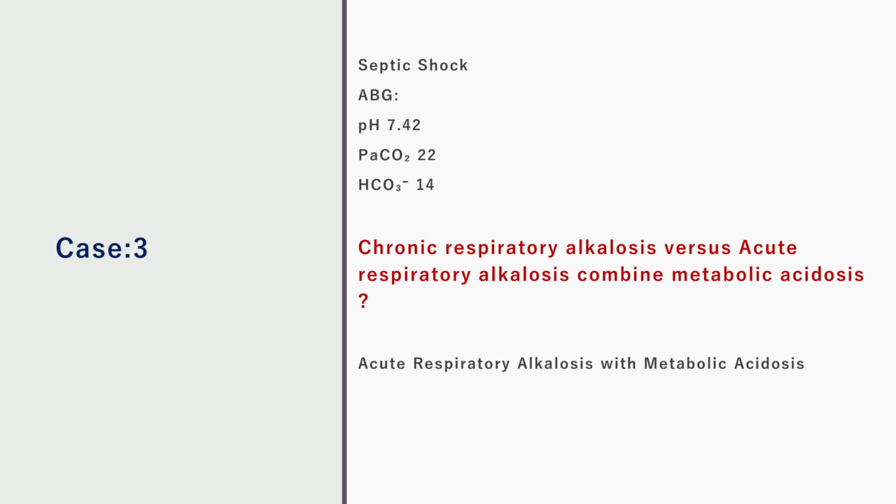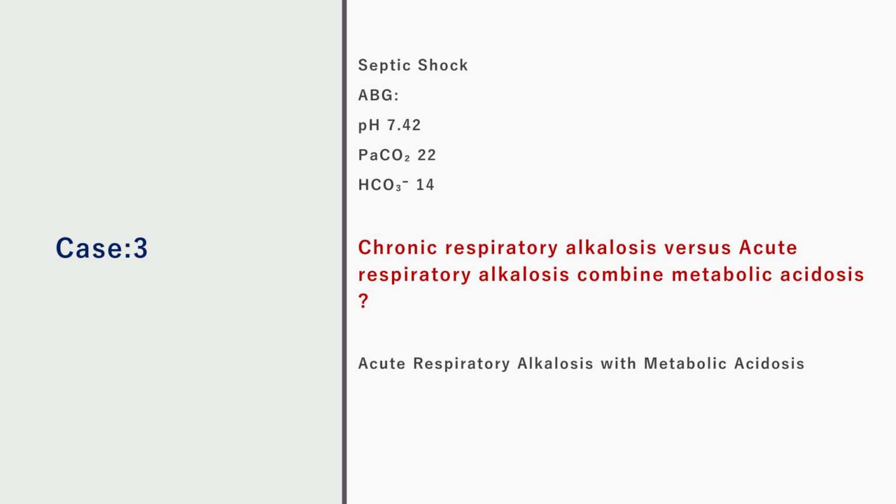The compensation in chronic respiratory alkalosis is more precise, so any deviation which is more than chronic respiratory alkalosis signifies metabolic acidosis. Means the fall in bicarbonate will be more than what is expected in chronic respiratory alkalosis.